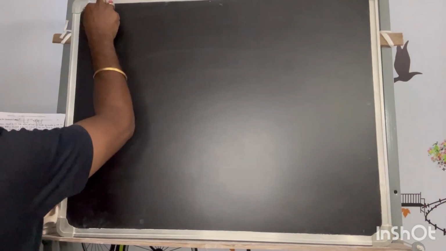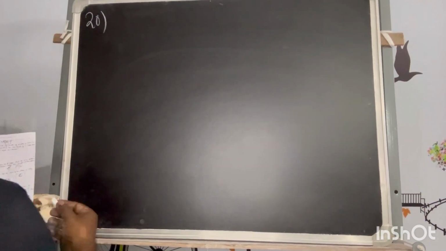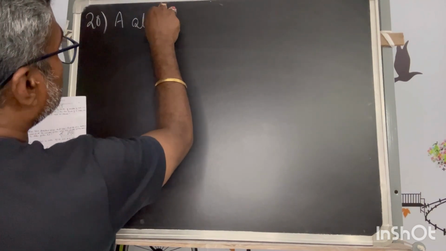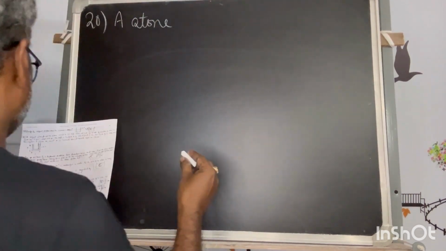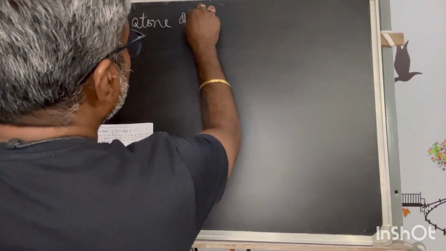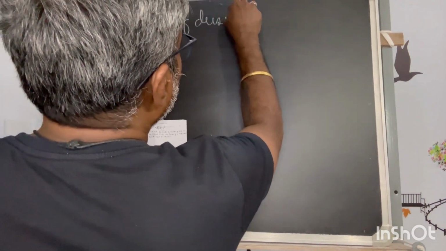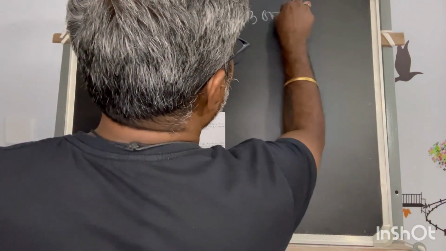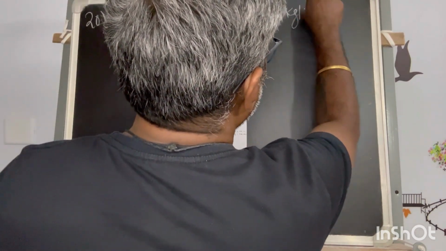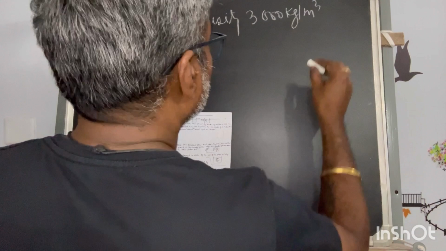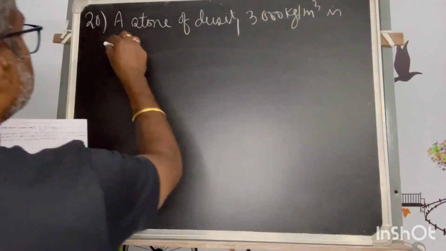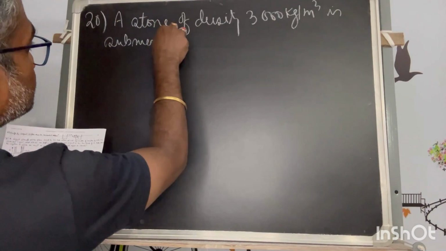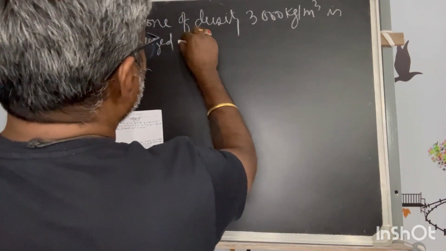The next is number 20. A stone of density 3000 kg per meter cube is submerged in water.